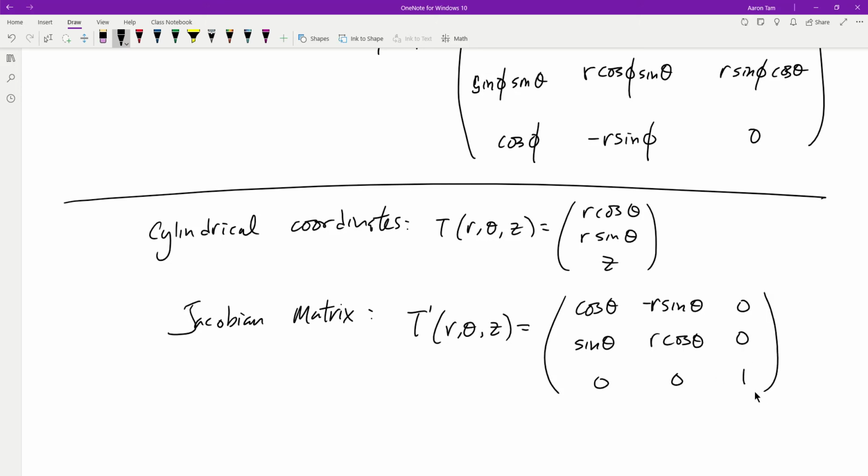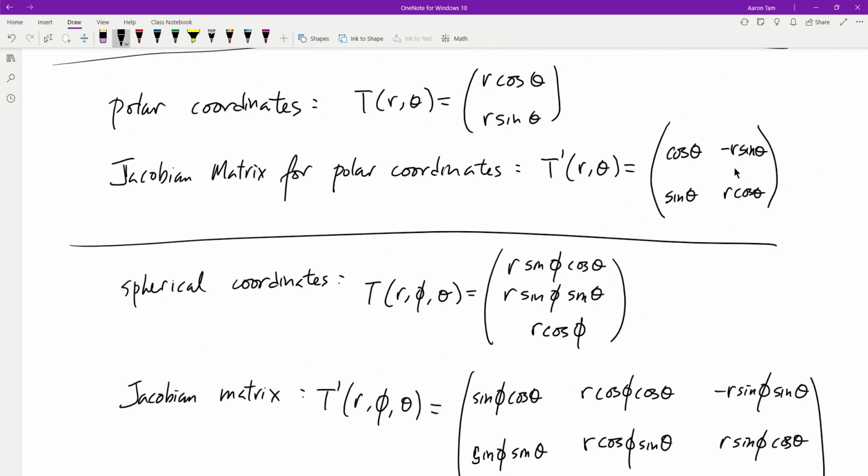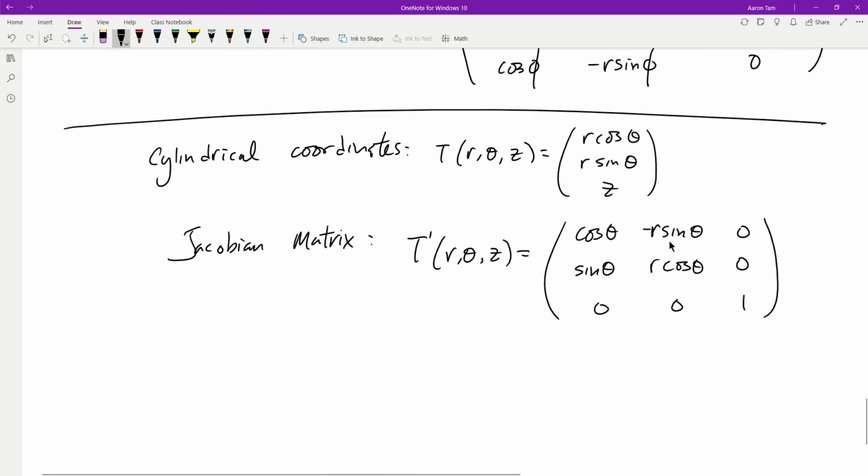Notice that you have these 4 in the top corner that are actually the Jacobian matrix for the polar coordinate system. So these 4 things are right here, and then you just have this 1 in the bottom corner with 0 filling the rest of them.